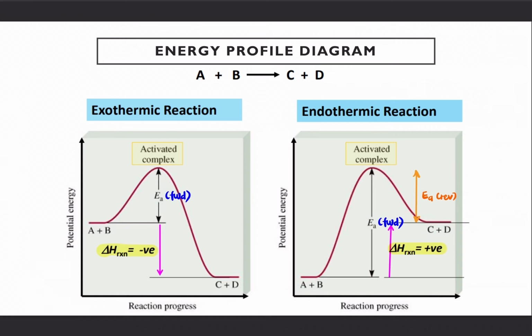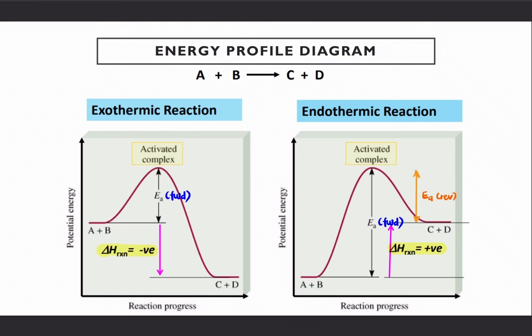For the reverse reaction, maksudnya daripada awak punya C and D reactants to form A and B products, the activation energy will be this one, right? Sebab you need to gain this minimum amount of energy. So this is the reverse activation energy.